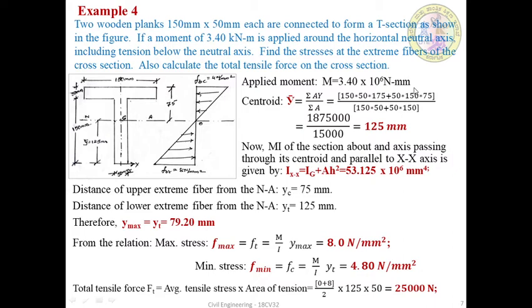As per the given diagram, the section is symmetrical about the vertical axis. It is not symmetrical about the horizontal axis. Therefore, x bar is 0, y bar we have to find. This means the neutral axis is lying along the vertical symmetrical axis.